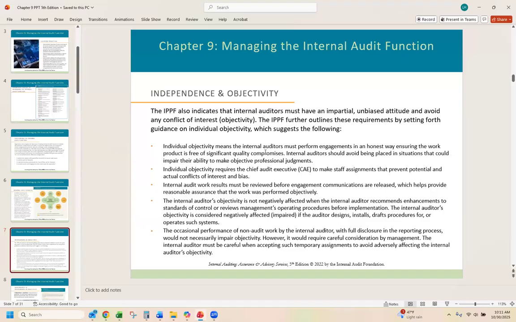So whenever we look at the independence and objectivity of an internal audit function, we recognize that there can't be true independence because you're getting paid by the company, but you can be impartial and have an unbiased attitude, and avoid conflicts of interest. Under the same concept, if someone in your internal audit department starts seeing someone in the controller's office or one of the businesses, that person shouldn't be working on the internal audit where the other person's function lies.